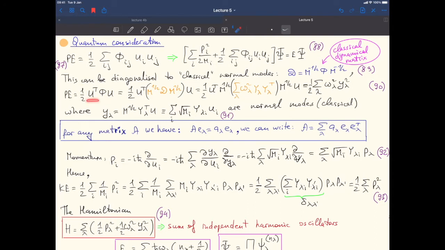So this is a transposed one. So this expression is a scalar. Then in that expression, we shall replace phi with D using this definition of the dynamical matrix. And then we will combine m to the power 1/2 with the u transposed and m to the power 1/2 with the u.